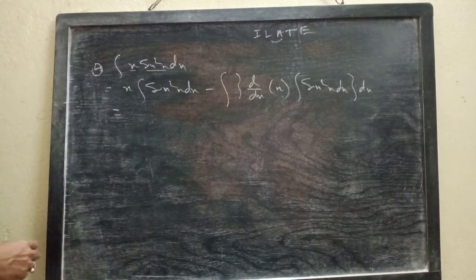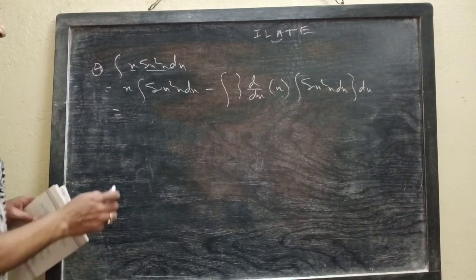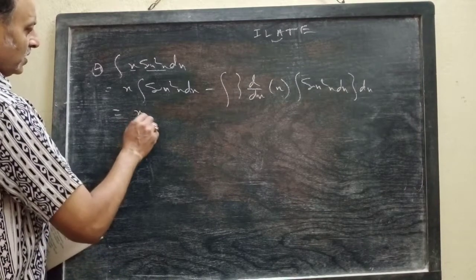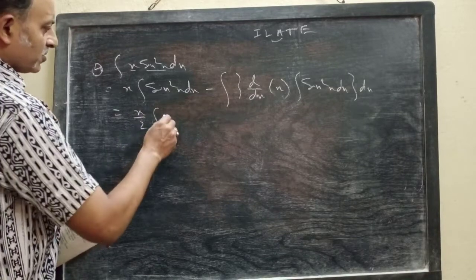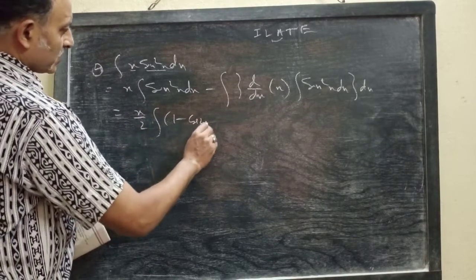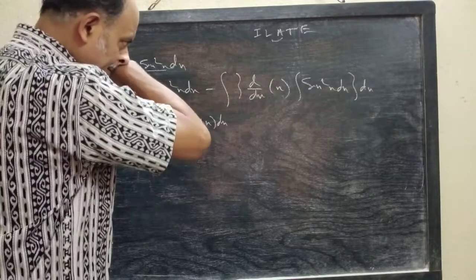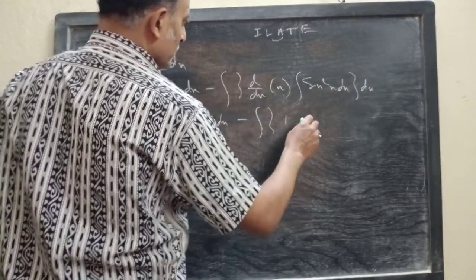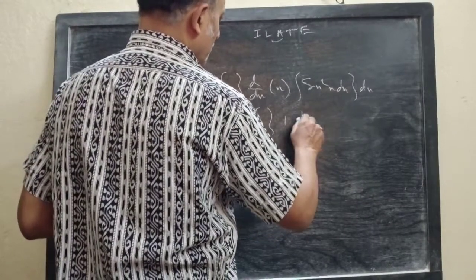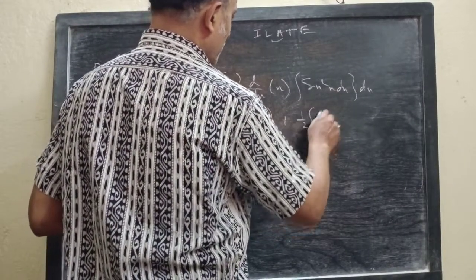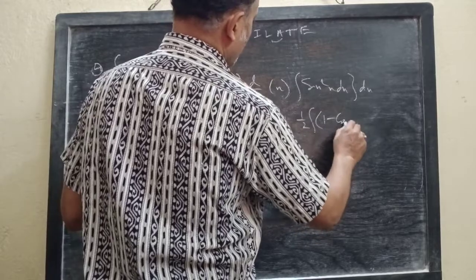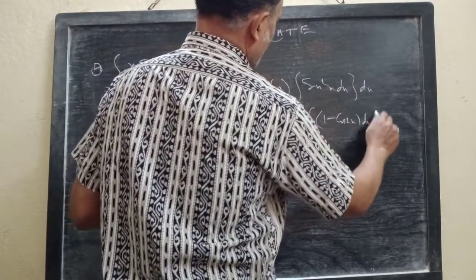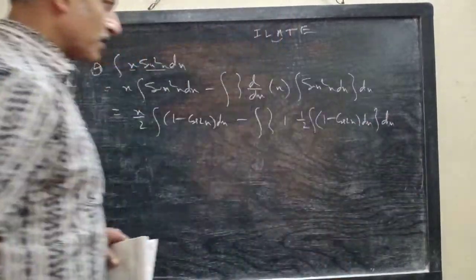Now, what is the integral of sin square x? We have to shift it to multiple angle. So we write it this way: x by 2 integration, since 2 sin square x is 1 minus cos 2x dx, minus integration, derivative of x is 1, and here we write half integration 1 minus cos 2x dx and the whole integral.